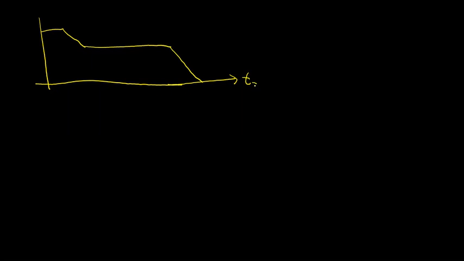Let's say this is a time t, and the current I. So this is 10 amps. Let's say this is 5 amps.